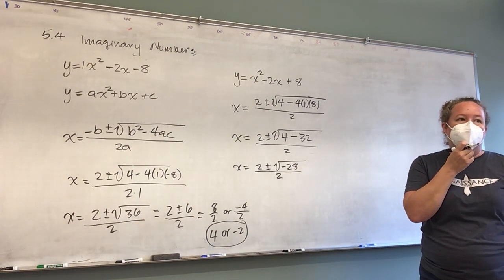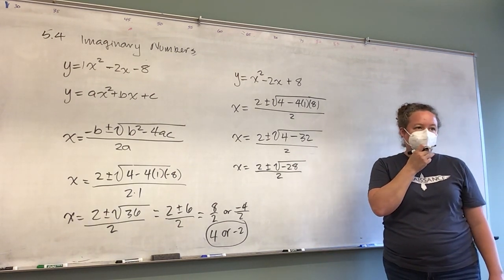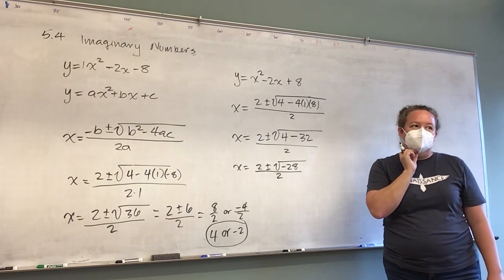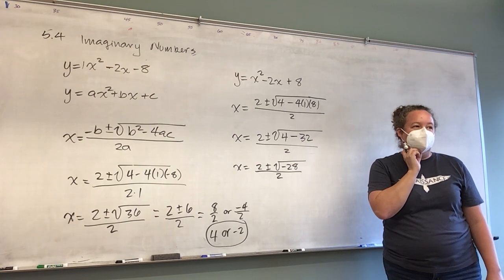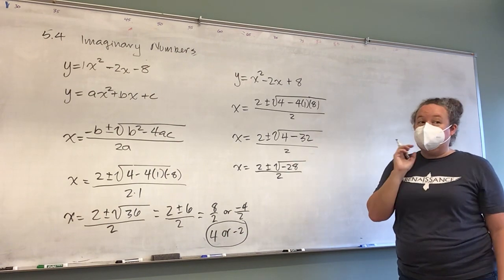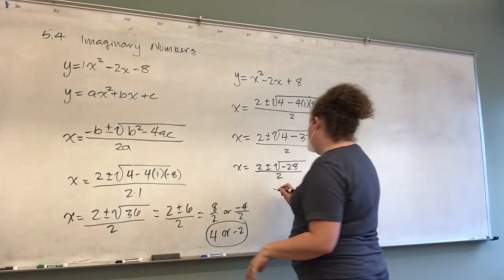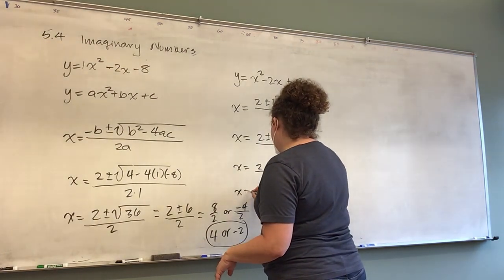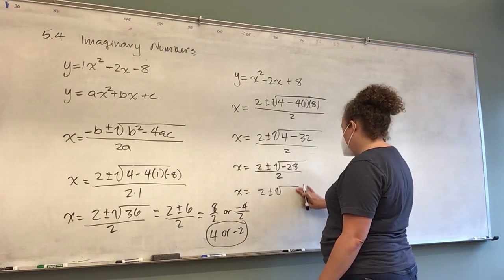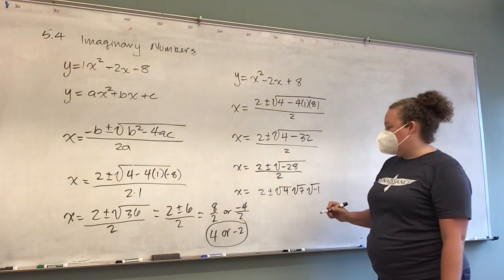All right, now does negative 28 have any factors that are perfect squares? What are the factors of 28? In other words, what numbers multiply together to give us 28? 7 and 4. Is either of those a perfect square? 4 is. So we've got x equals 2 plus or minus the square root of 4 times the square root of 7 times the square root of negative 1.